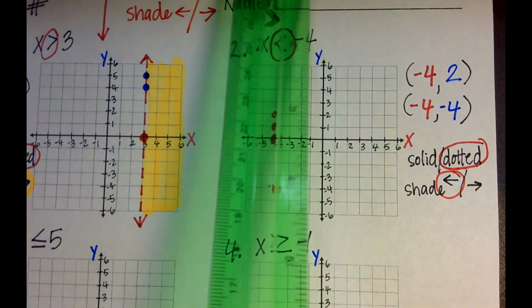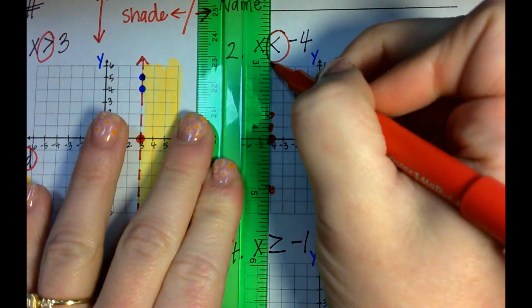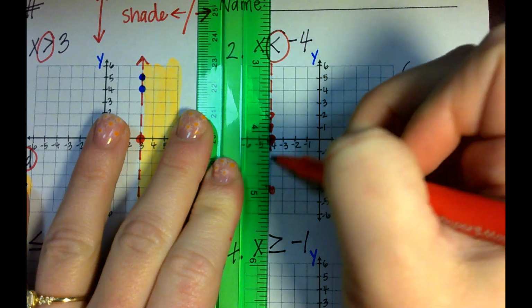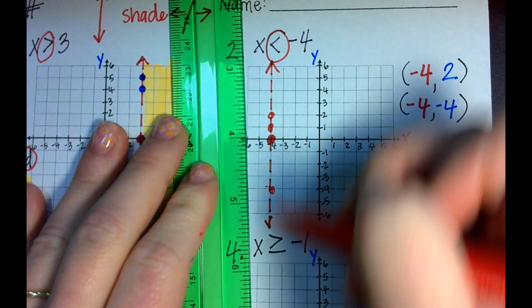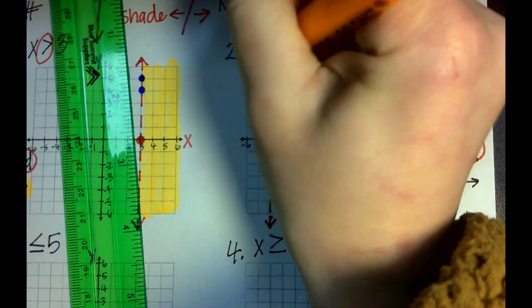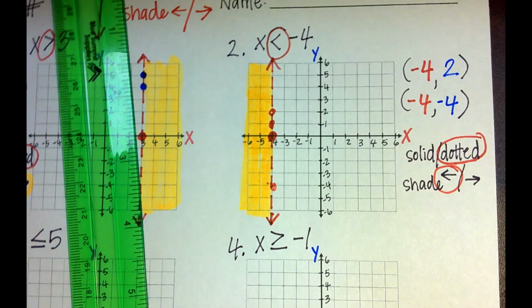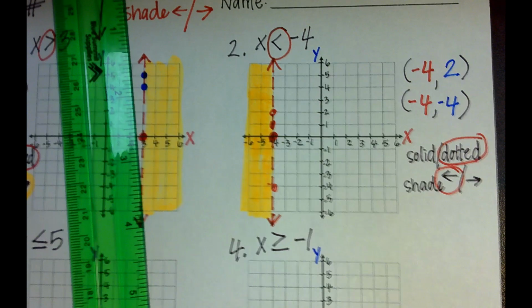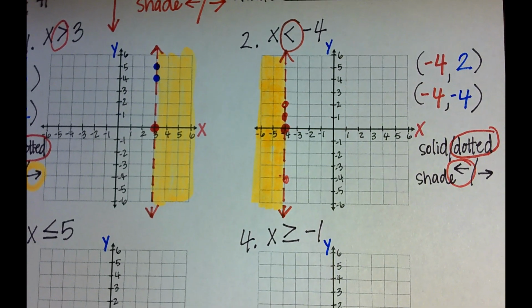So we'll connect all these dots. And we shade to the left. All right, there is our graph for number 2.